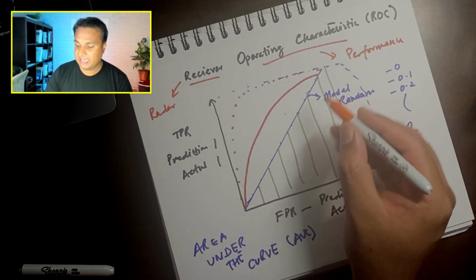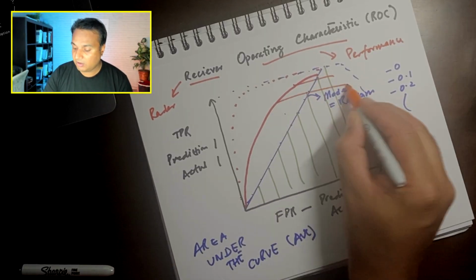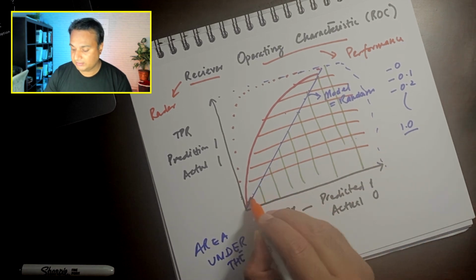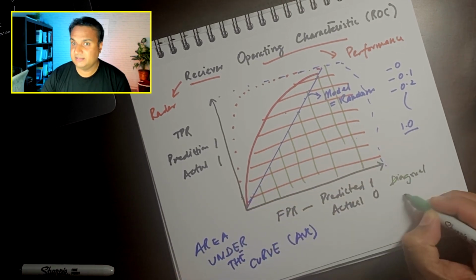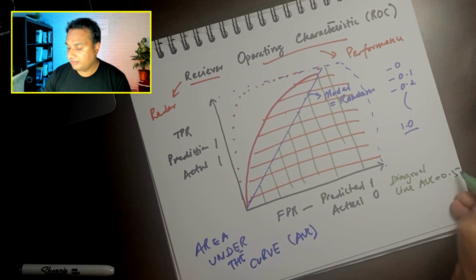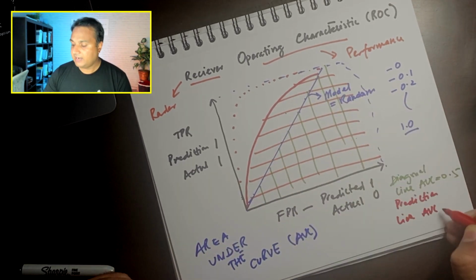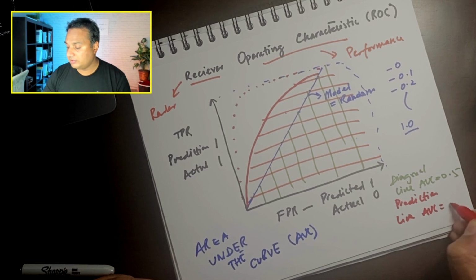Because this diagonal line is dividing this entire surface area in half. And when we measure the area under this curve, it would be all the area which is here, represented by these horizontal lines. So as we know that the area under this diagonal line is 0.5, we can calculate with the help of math what the area under the prediction line is. And let's say in this case it is 0.7.